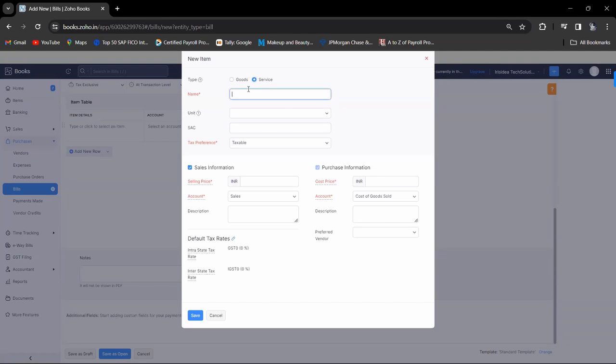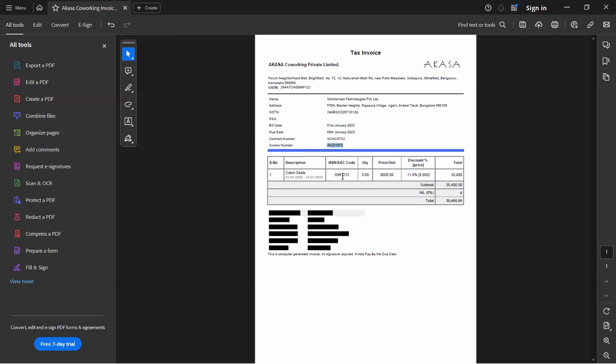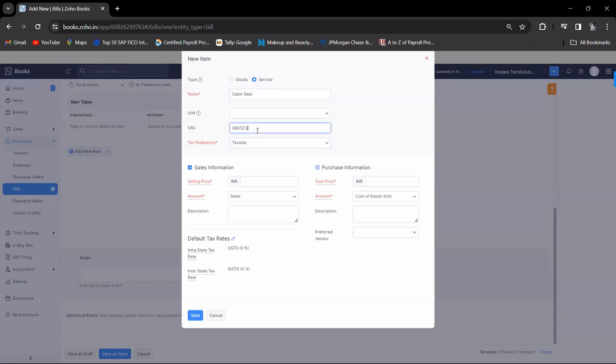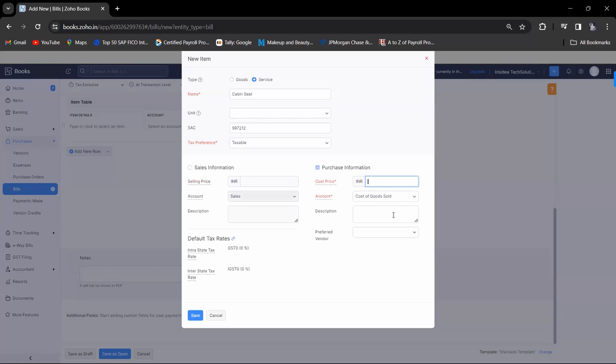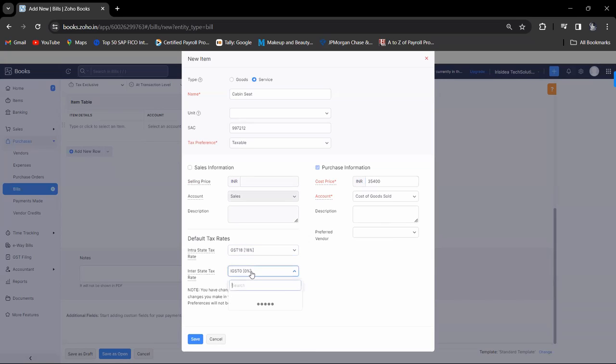Again, service. Again, it is purchase. GST will be 18%. We are giving the rent to a registered person.